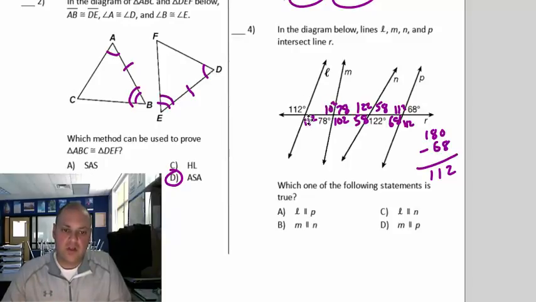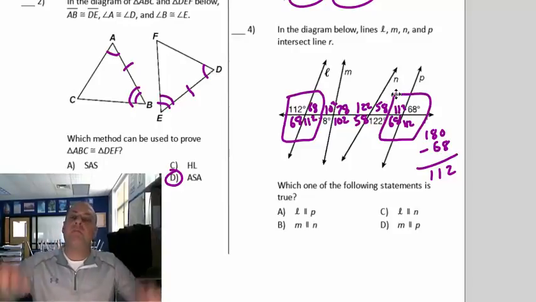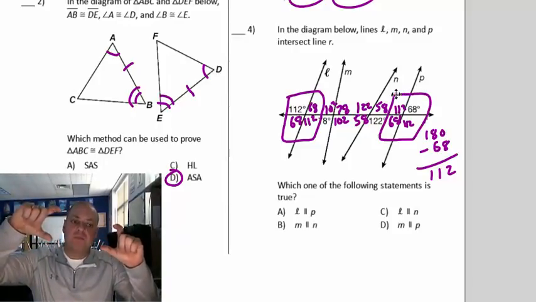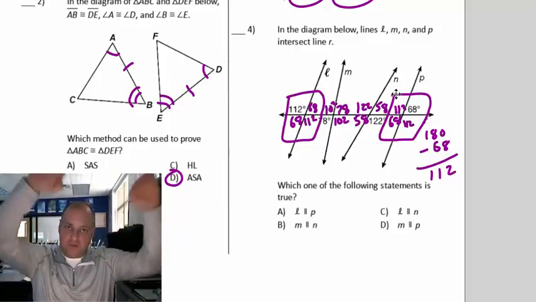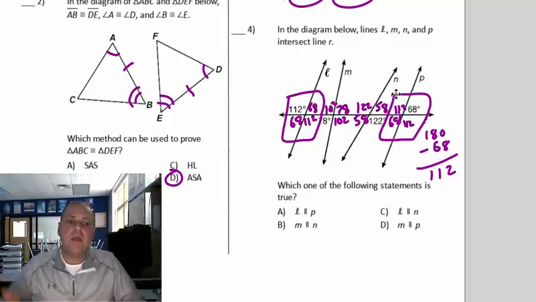And then this is 112 and 68. So the ones that match, see how it's 112 and 68? And then you got 112 and 68? The ones that match must be parallel. Those lines must be parallel. Okay?